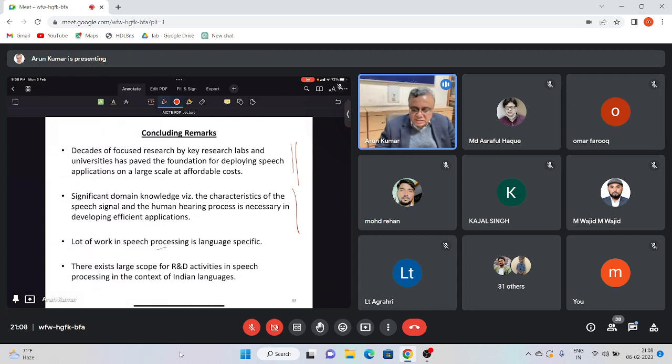A lot of the work in speech processing is language specific, and there exists large scope of R&D activities in speech processing in the context of Indian languages, particularly in the context of what I mentioned at the beginning of this lecture. That is, a lot of thrust is being put in the development of tools.